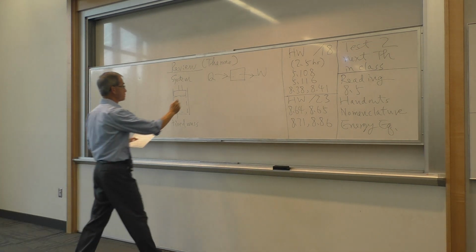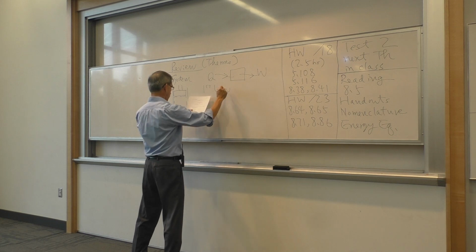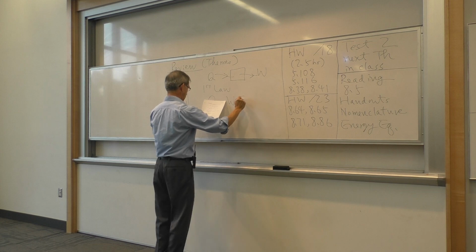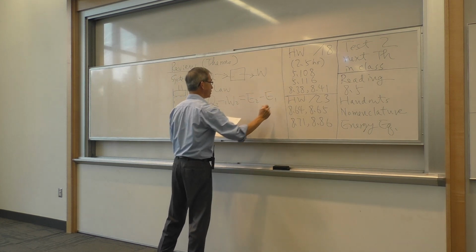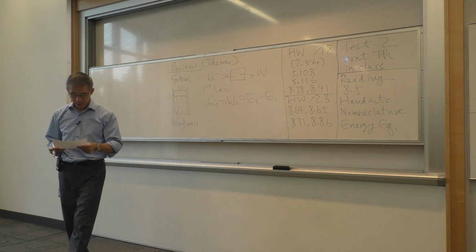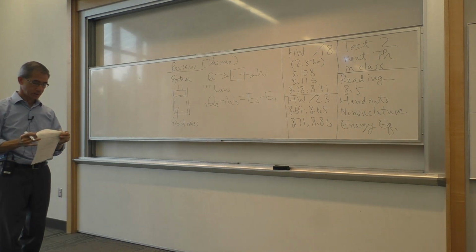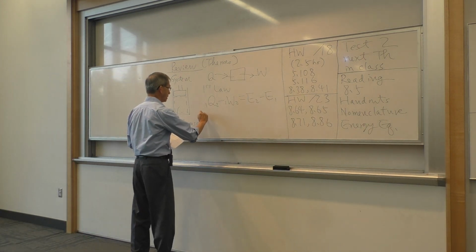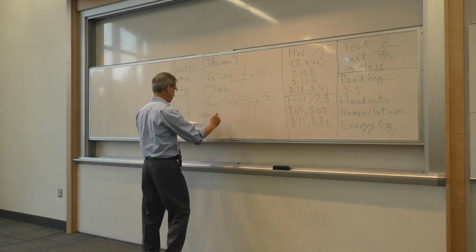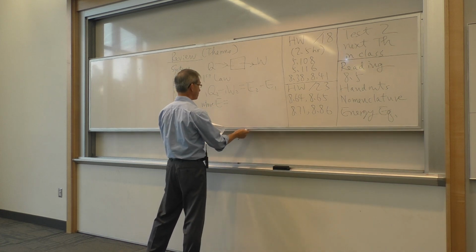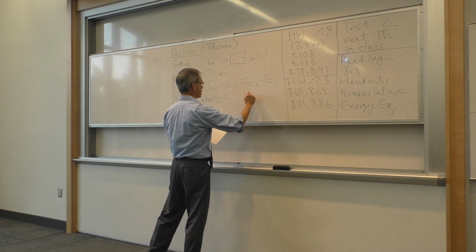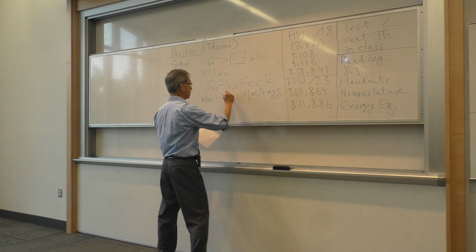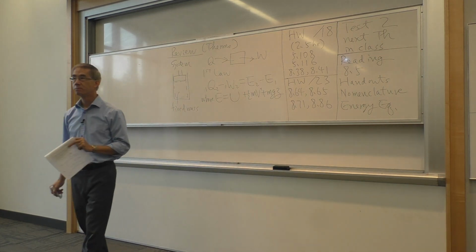So the first law, as you have seen from your thermal class, tells me how the work and the heat will result in a change in what we call total energy. Total energy, right? Of which this capital E consists of 3 components: kinetic, potential, and what's this U?